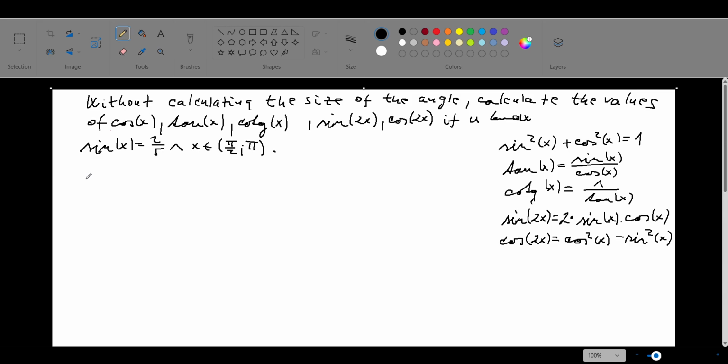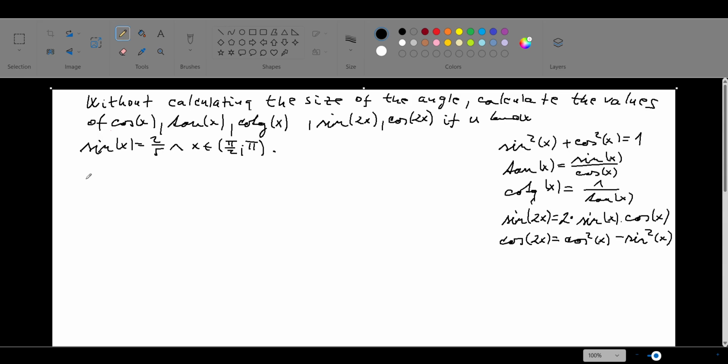In this exercise, the most important thing is to find out what the value of cosine of x is equal to, and for this task, the most important identities or formulas are these formulas.